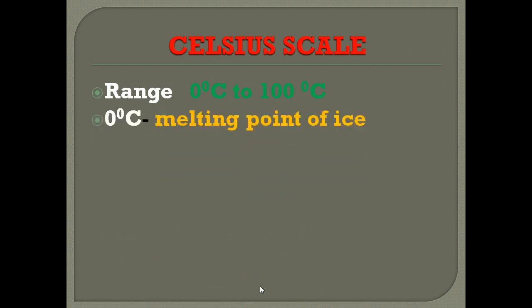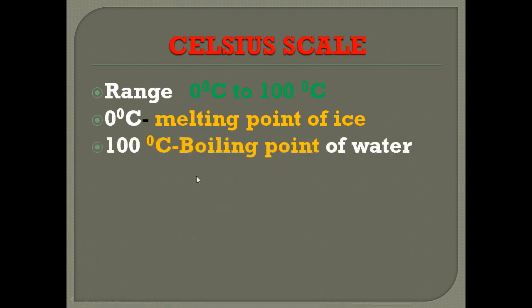First, we can see about the Celsius scale. This scale has a range from 0 degrees Celsius to 100 degrees Celsius, where 0 degrees Celsius is the melting point of ice and 100 degrees Celsius is the boiling point of water.